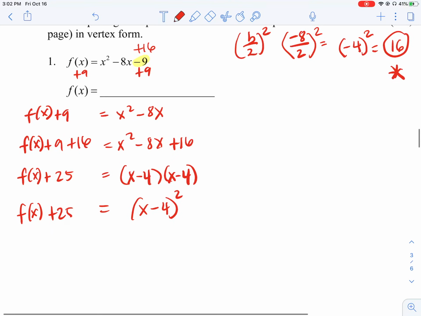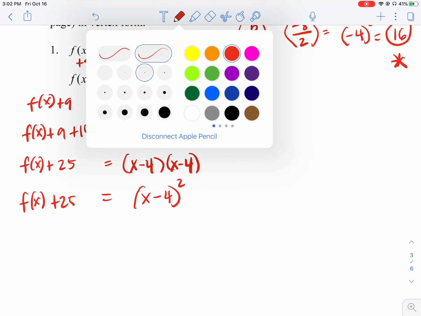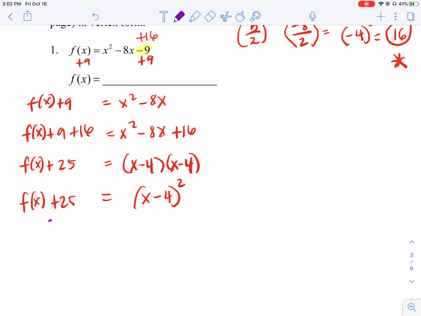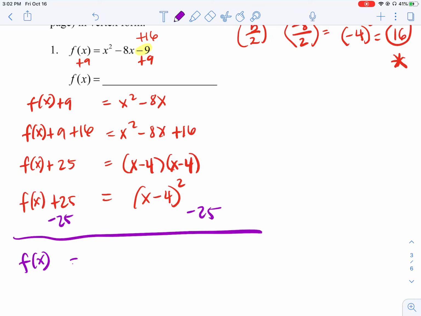And now I think we have to bring back the negative 25, the positive 25 to the other side. So what should we do? Subtract. And our final answer would be f of x equals x minus 4 squared minus 25.